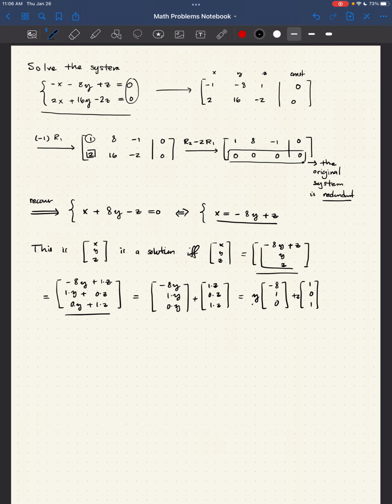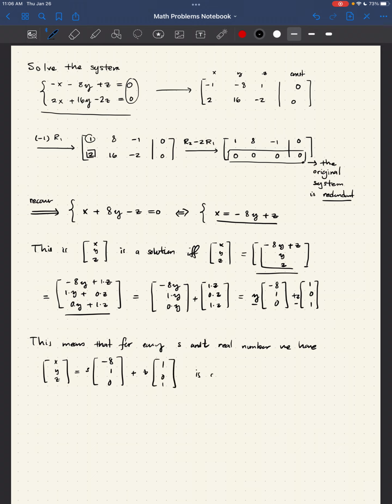Look, what this says is that y and z can be any real number. This means the following: for every s and t real numbers, we have that (x, y, z) equal to s times (-8, 1, 0) plus t times (1, 0, 1) is a solution to the system of equations.